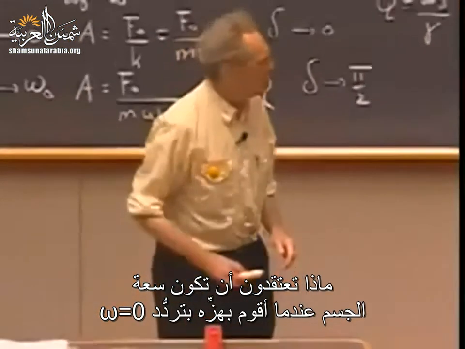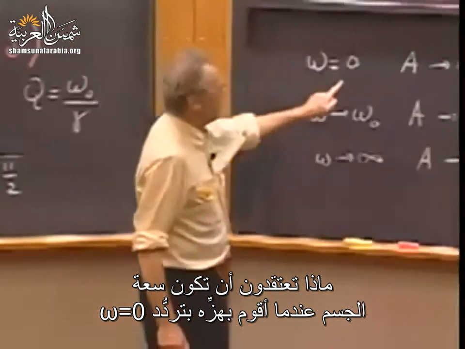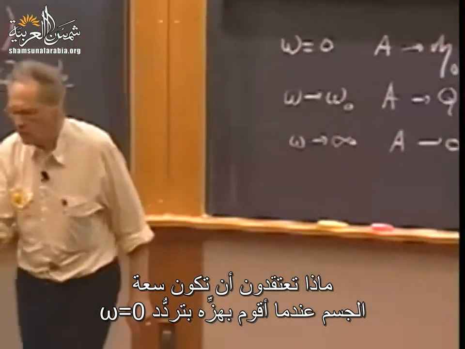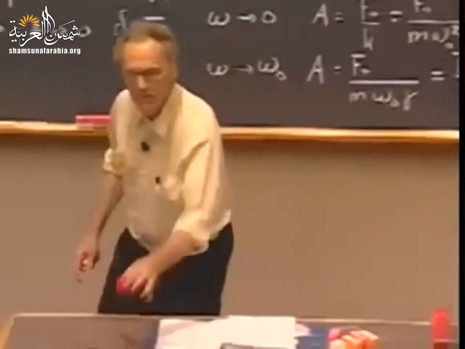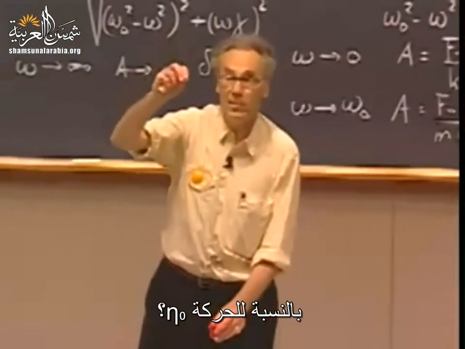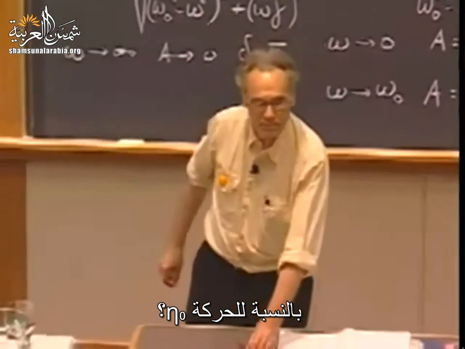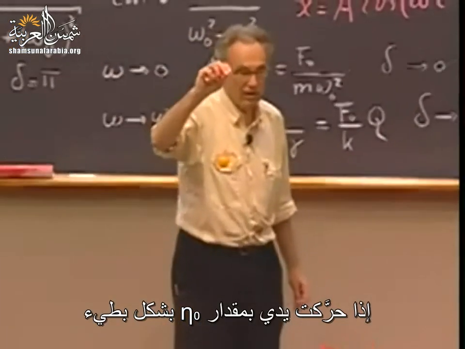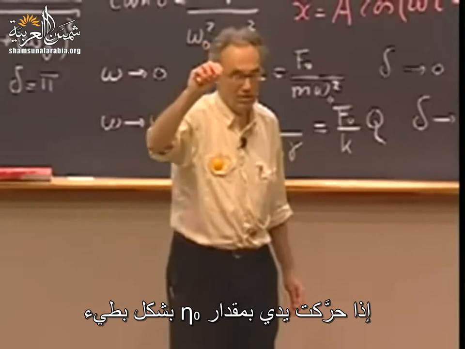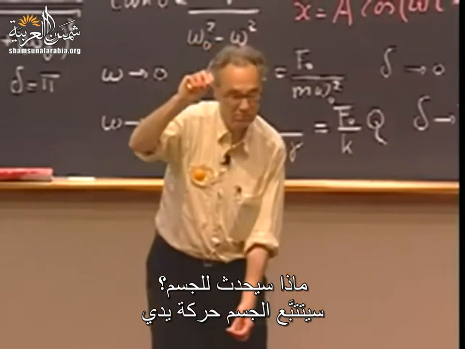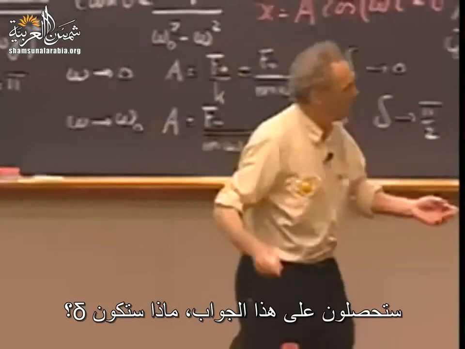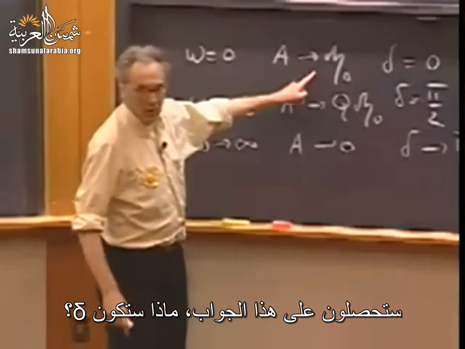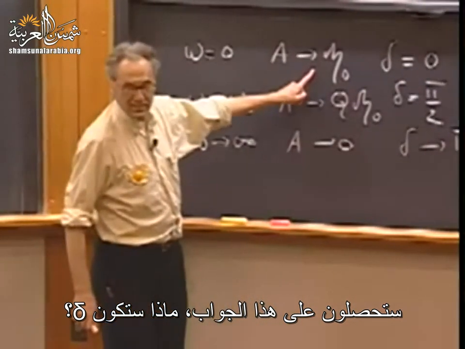So what do you think if I shake it at omega equals 0? What is then the amplitude that this object will have relative to my motion eta 0? So I move my hand eta 0, infinitely long. What will this object do? We'll just follow it. So you get this answer. What will be the delta?